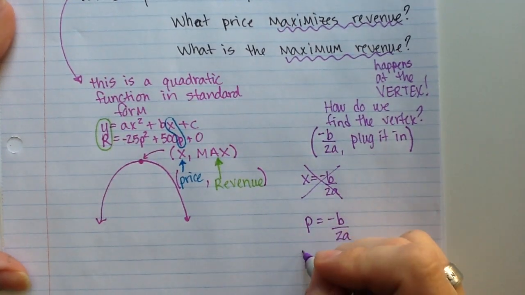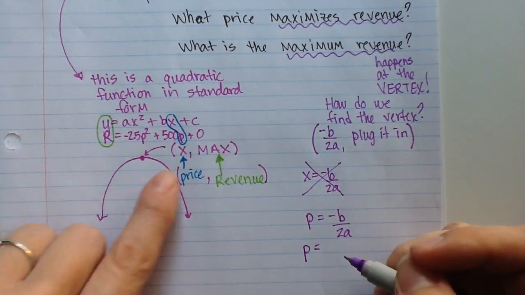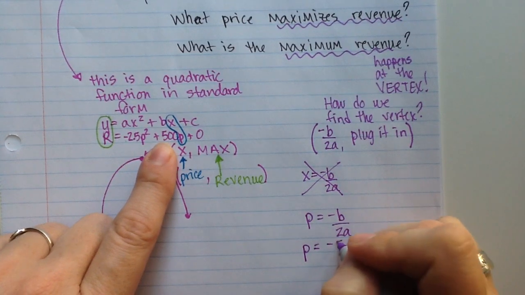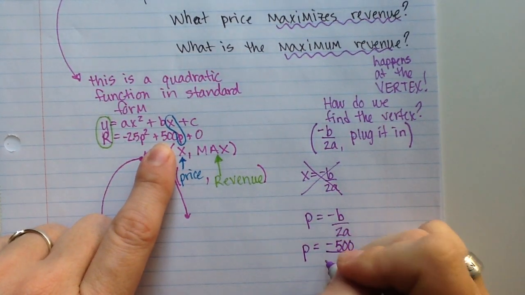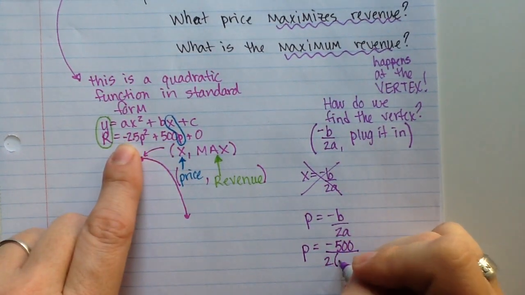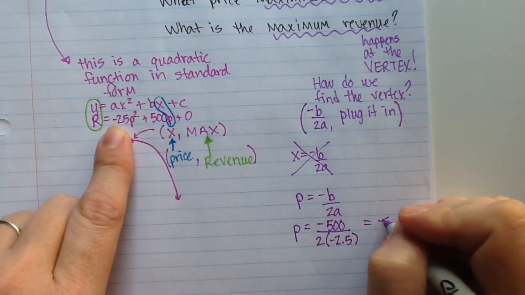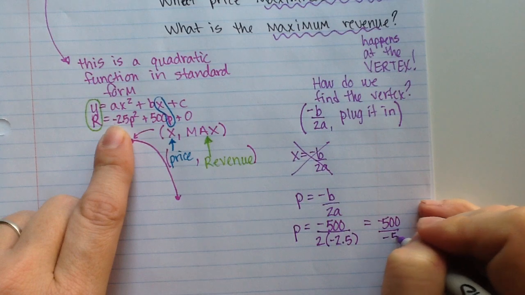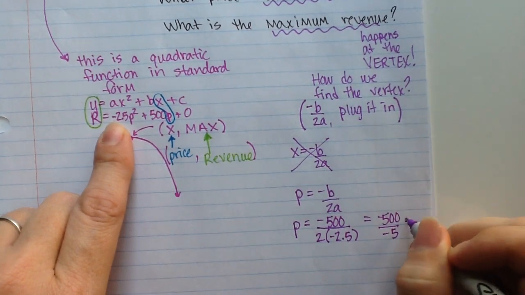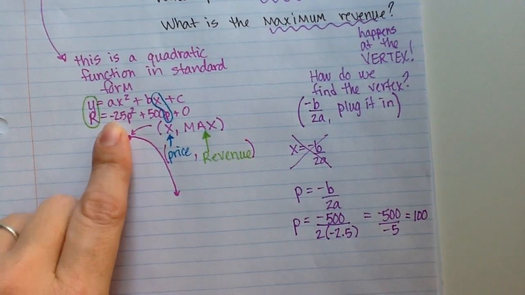So for our vertex, p equals the opposite of b, so negative 500, divided by 2 times a, which was negative 2.5. So that's negative 500 divided by negative 5, which is 100.